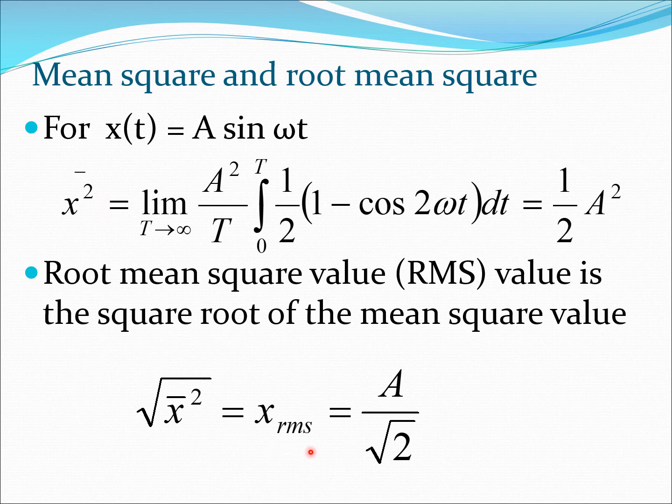So the word RMS is used here, meaning root mean square, and that is A by root 2. So this is a value which is also very frequently used in terms of measuring vibration, and all these values attempt to quantify the vibration level to some measure. Depending on your problem, you may need to change the particular vibration measure you are considering.